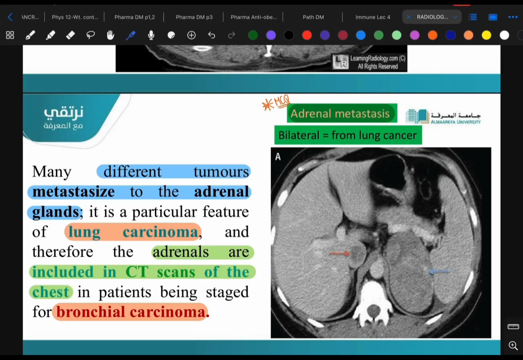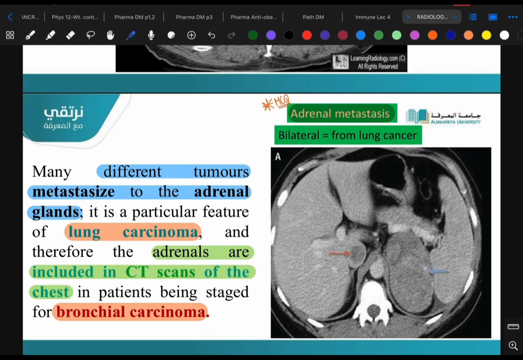Okay, so adrenal metastasis. What does it mean? Metastasis means that different tumors move from one place to another. Okay, so most different tumors move or metastasize to the adrenal gland. Specifically or particularly which type? Lung carcinoma.